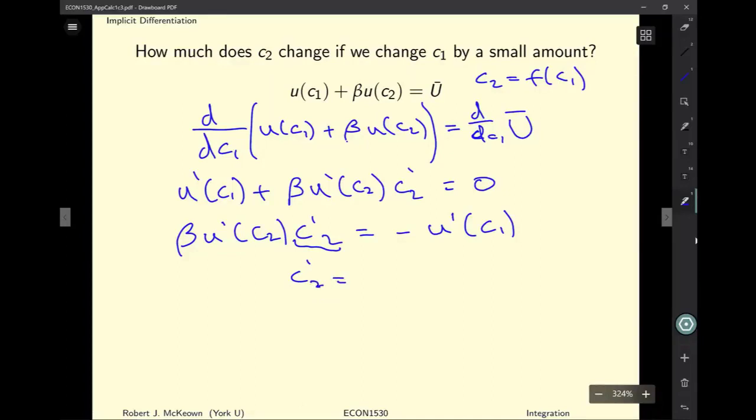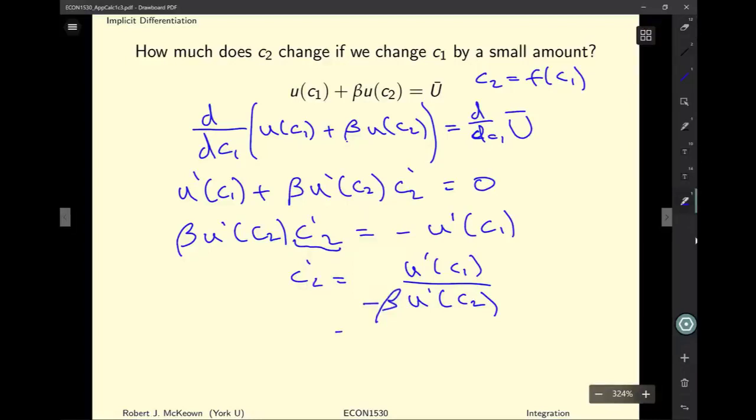And the answer is going to be, maybe I'll change the way I've written it so that we can have the beta in the front, like that. If we change C1 by just a little bit, this is how we're going to change C2.